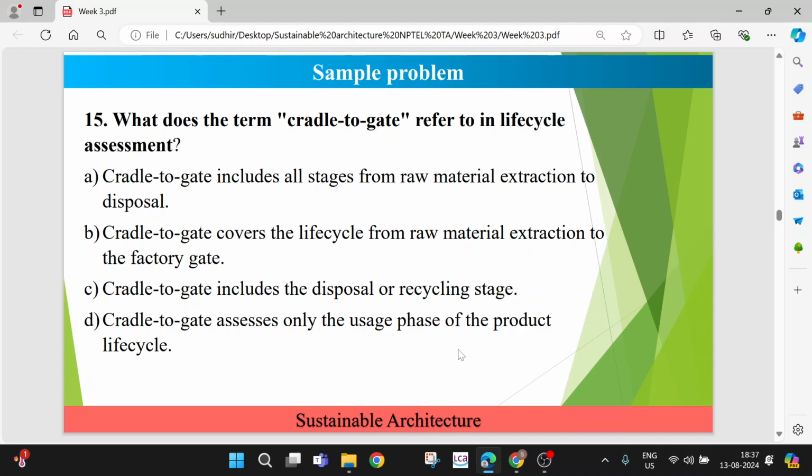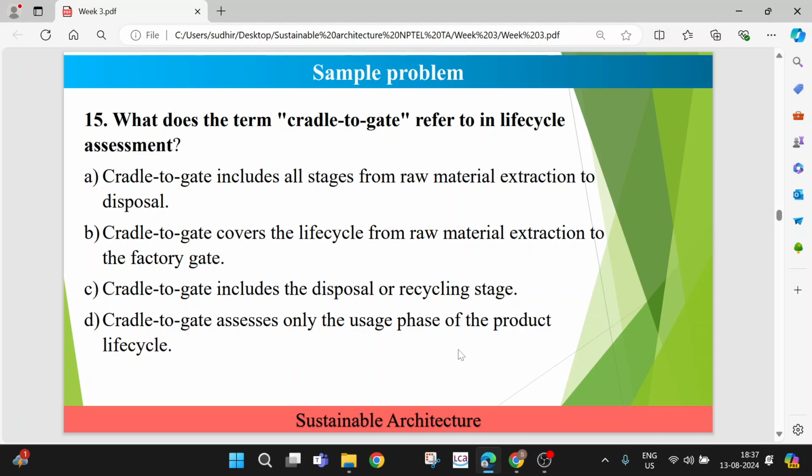I think two people have already submitted their answer. Rest, there is no one who has given an answer in the chat box. Aditi is saying B. So it is clear, this question number 15.